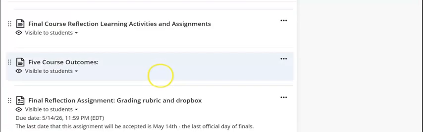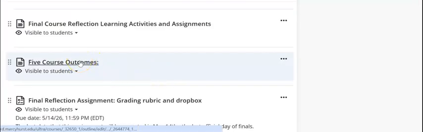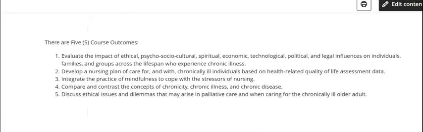But getting back to the assignment, at the very beginning of our course, you reviewed the syllabus and there were 5 learning outcomes. We call them student learning outcomes for that course. The first of the student learning outcomes is to evaluate the impact of ethical, psychosocial, cultural, spiritual, economic, technological, political, and legal influences.